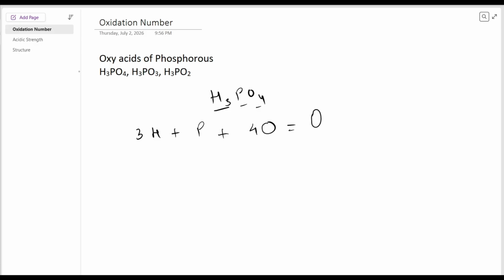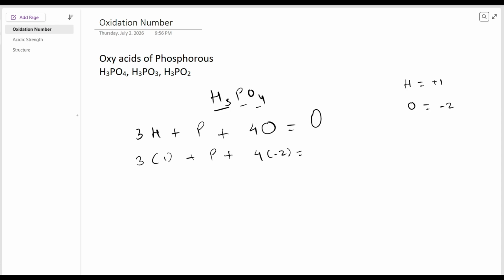Now, as we know, hydrogen has the oxidation number of +1 and oxygen has the oxidation number of -2. So we'll put these values respectively. We get 3 into 1 plus phosphorus plus 4 into -2 is equal to 0.